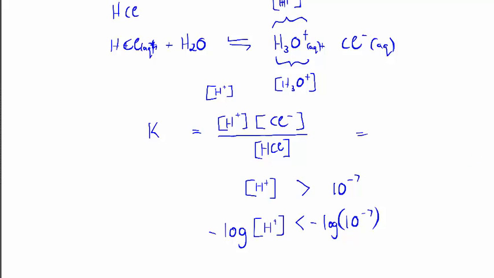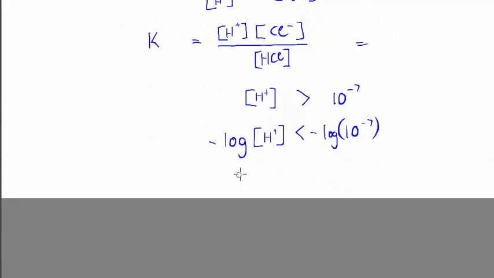That is why, if I take the negative log, I now get that the pH of an acid will be less than 7. This simplifies to 7.